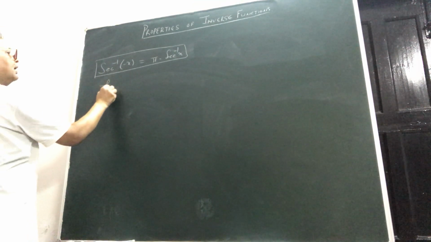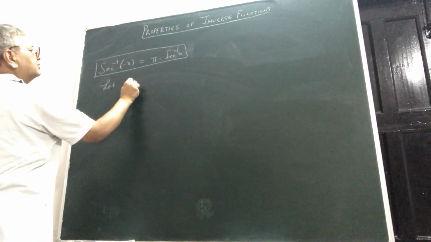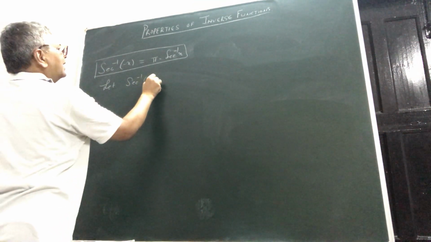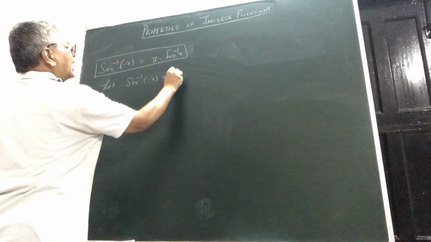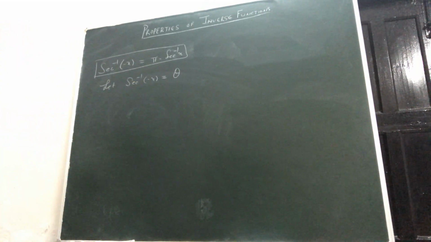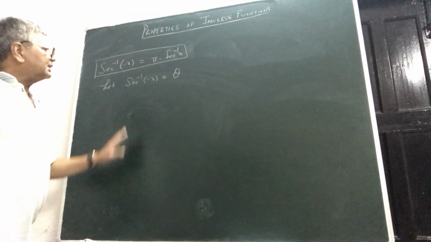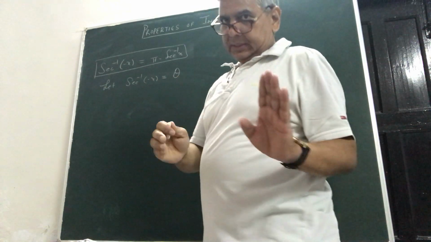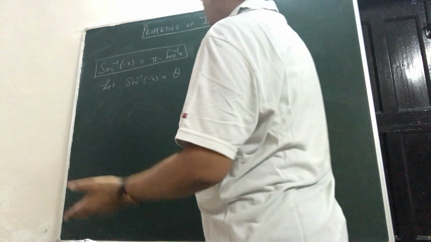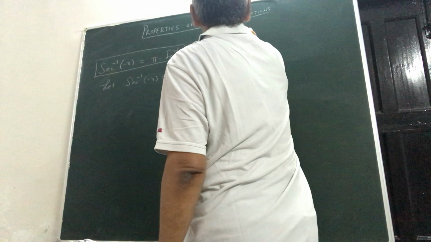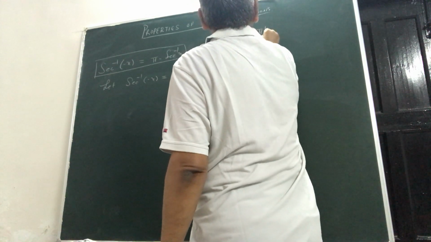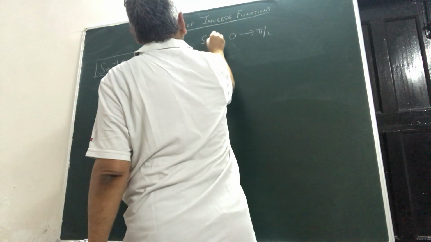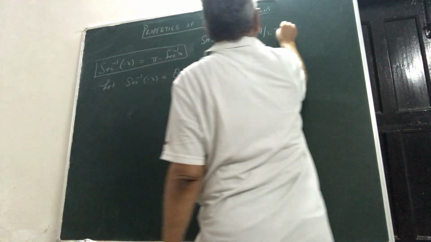So as usual, let sec inverse minus x is equal to theta. And first you write here the main thing, sec theta. For sec theta you write where it lies, from 0 to pi by 2 to pi.